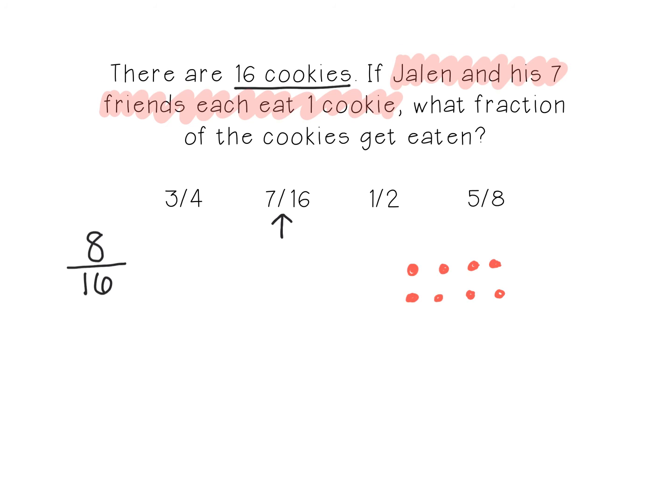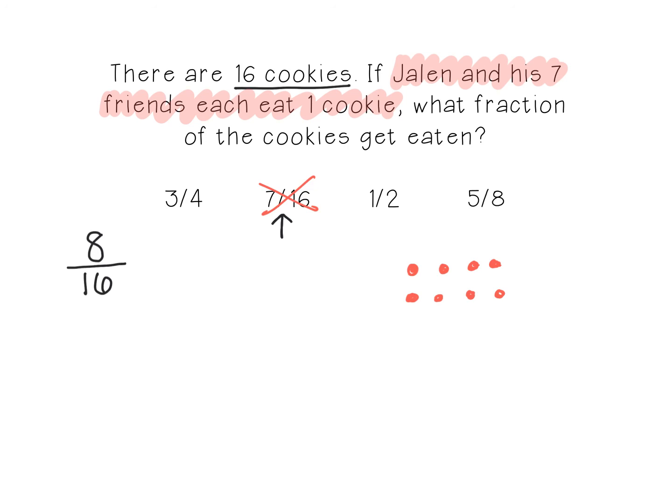So the fraction I'm looking at is 8/16. 8 cookies and 7 cookies are not the same, so I can rule out the answer 7/16. Now if I look at the answer choices, 8/16 is not an option. So what I would have to do here is find an equivalent fraction.